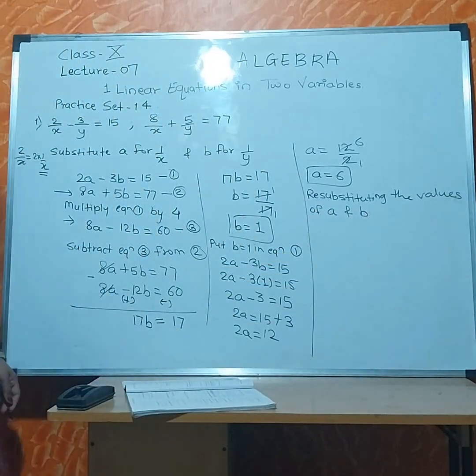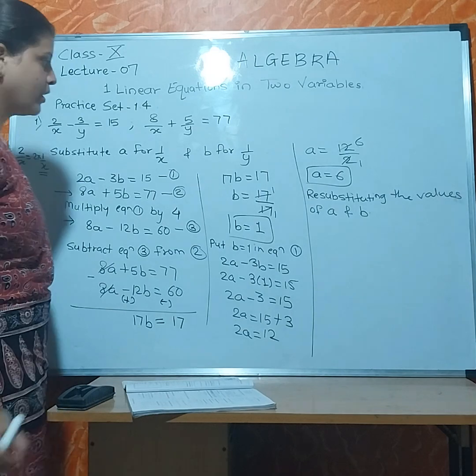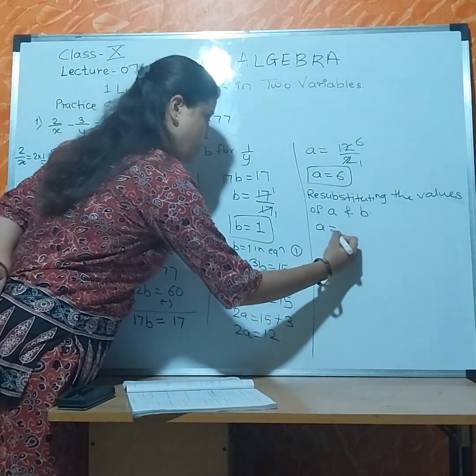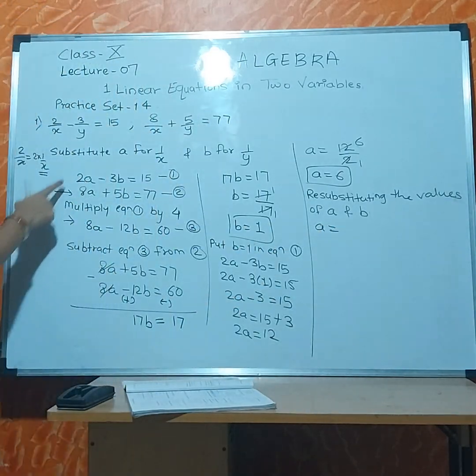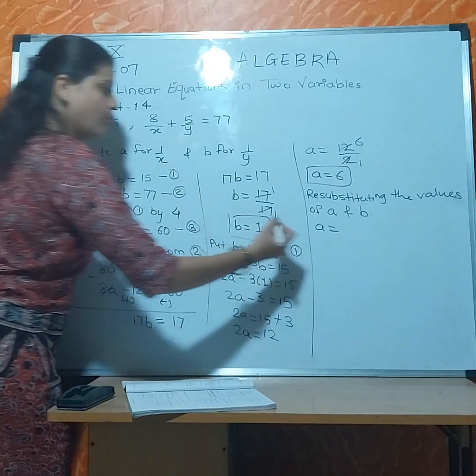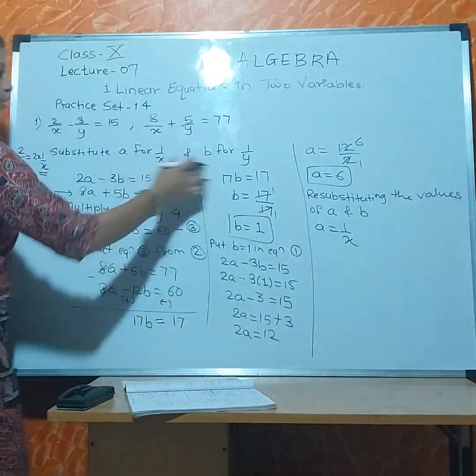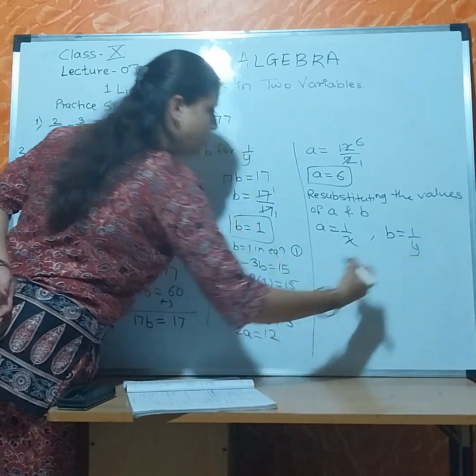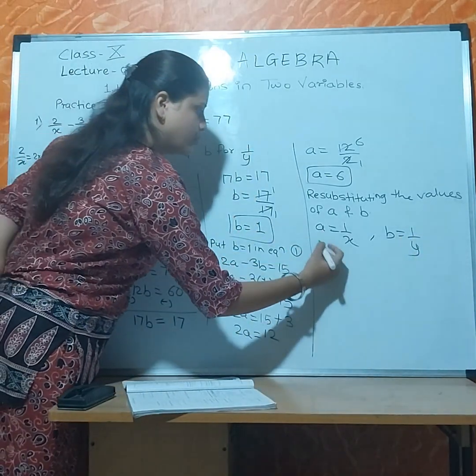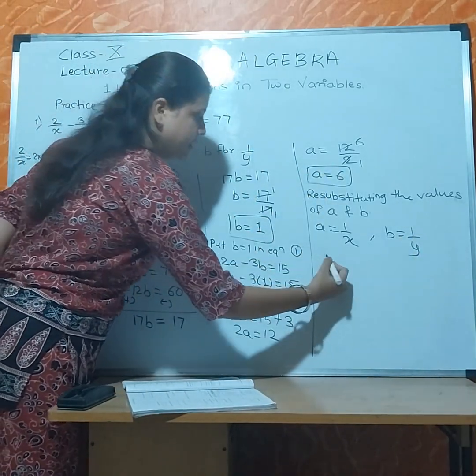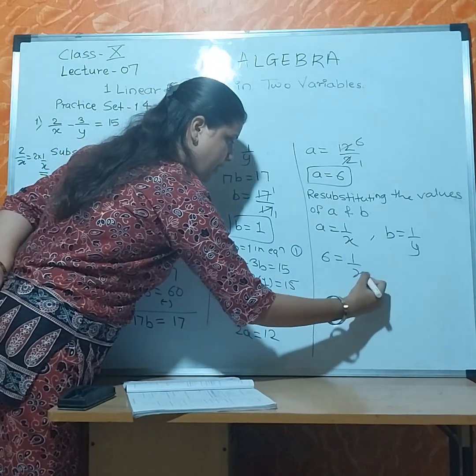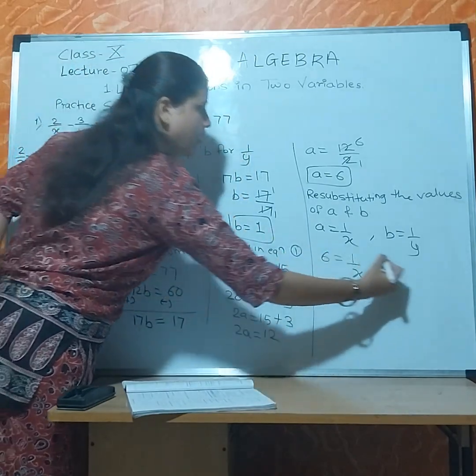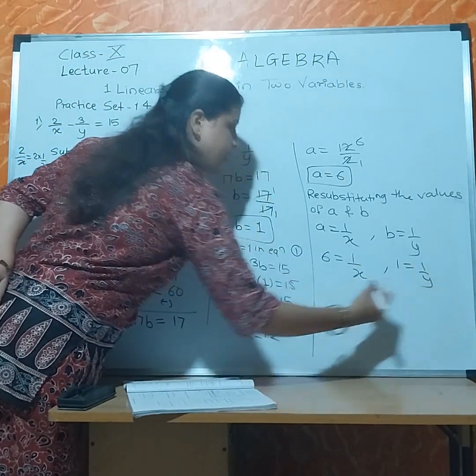Now a is equal to 1 upon x, and b is equal to 1 upon y. So what is the value of a? 6 is equal to 1 upon x, and b is 1, so 1 is equal to 1 upon y.